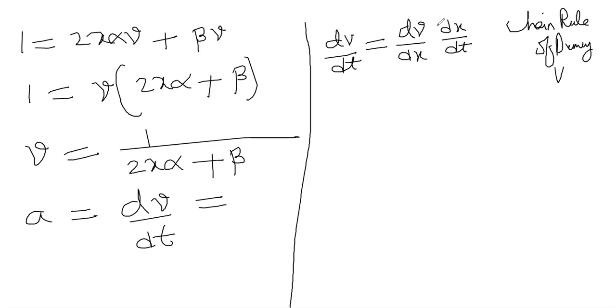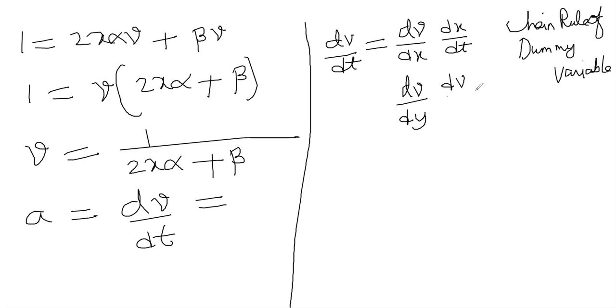Dummy variables is called. Chain rule of introducing a dummy variable. Sir, I think you explained this to us already. Oh, yes, dummy variable. You can introduce many dummy variables. I can write this as dv by dy, dy by dx, dx by dt.